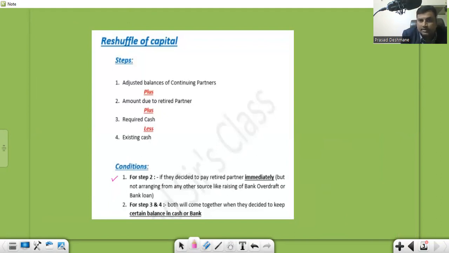So we are going to consider step 1 and step 2 because the first condition is matched or fulfilled, you can say. Now step 3 and 4, what they mentioned for step 3 and 4, both will come together when they decided to keep a certain balance in cash or bank. Now check in the sum.